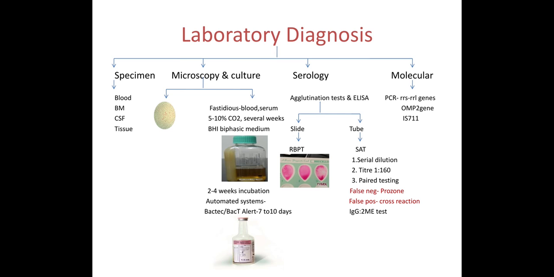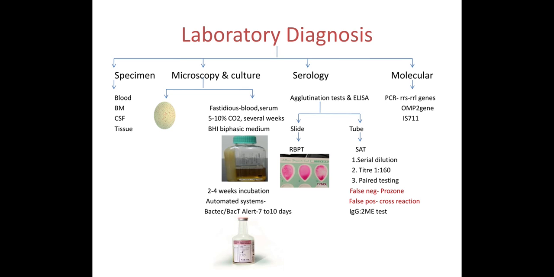So, what serological methods are available? The serum is collected and agglutination tests are performed, or nowadays we have very good ELISA systems to detect the antibodies. The agglutination tests for brucellosis can be slide agglutination or tube agglutination.